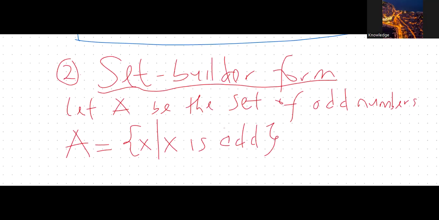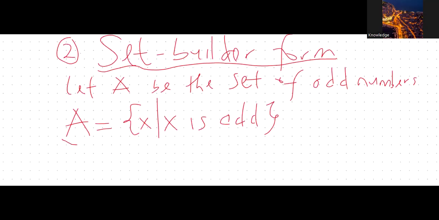Of course, you already know that this capital letter on this side is always the name of the set. So this A means the name of the set. This curly bracket, you already know, shows the collection of things you want to talk about, to make sure that it's a set. Now, X is an element.